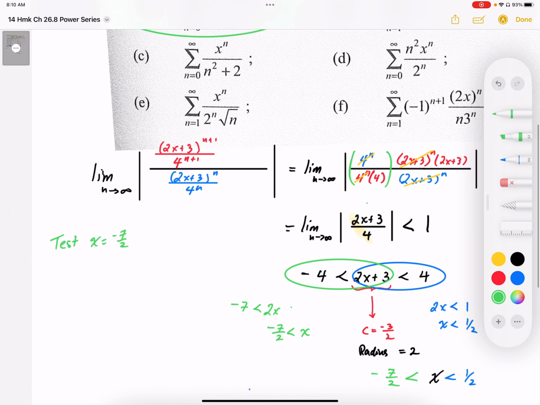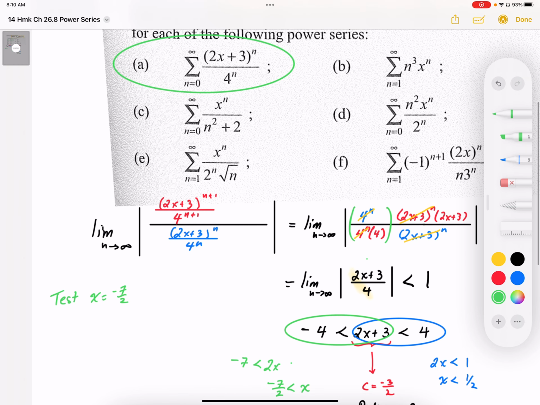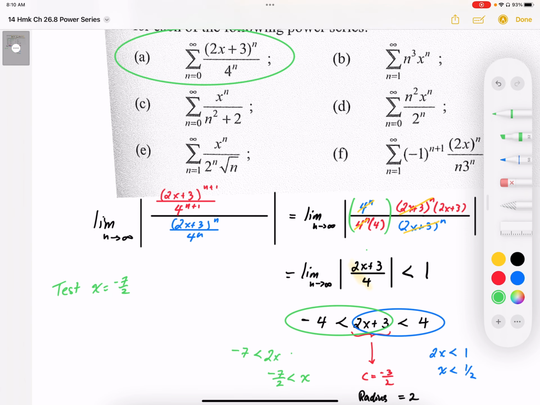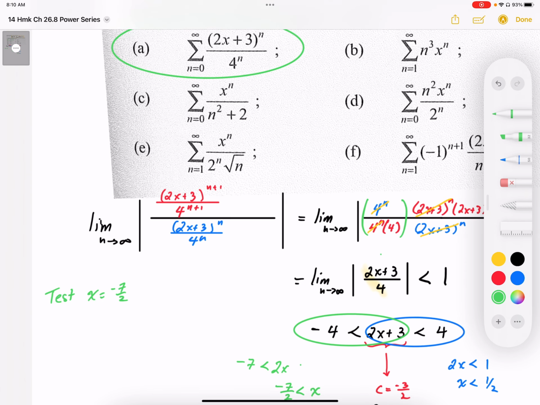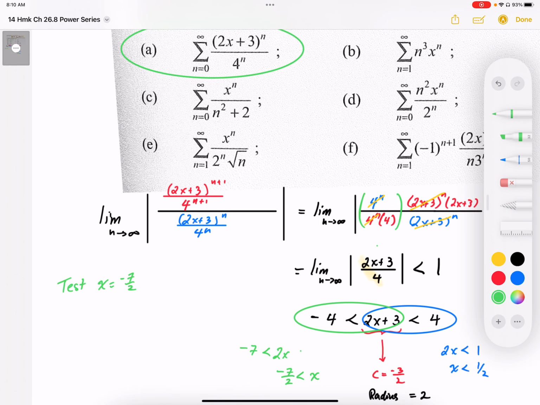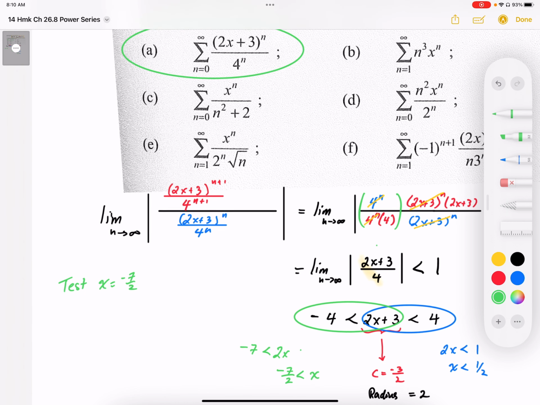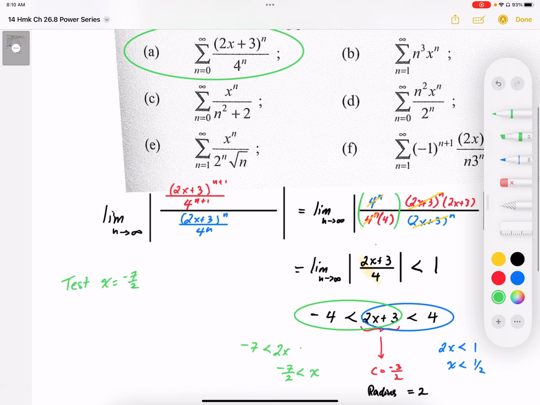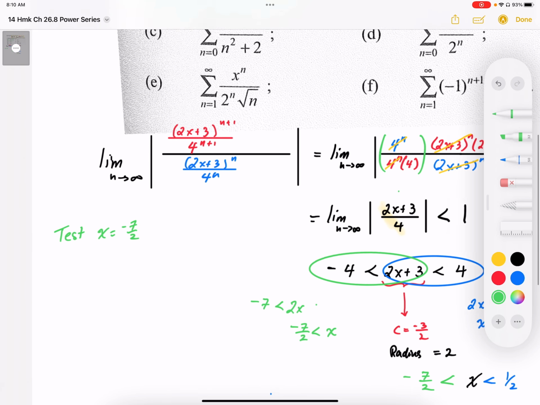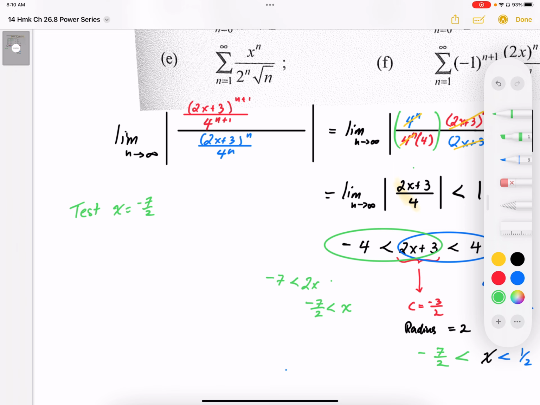For that, I'm going to substitute -7/2 for x into my original series. So it's 2 times -7/2. That's going to be -7, plus 3 is going to be -4. So my series now looks like this.